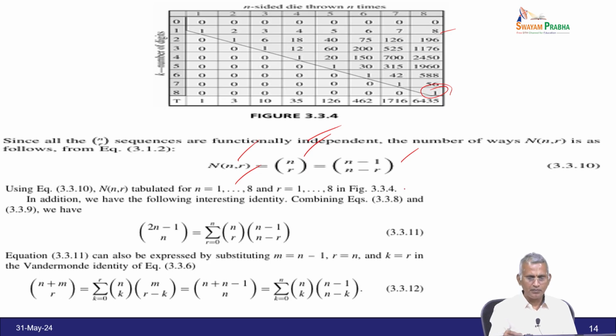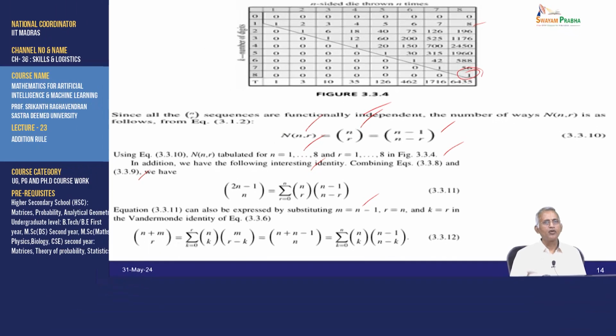Combining equation 3.38 and 3.39, we have 2n minus 1 C n equal to summation r equal to 0 to n of NCR into n minus 1 C n minus r. So, this equation can also be expressed by substituting m equal to n minus 1, r equal to n and k equal to r in the Vandermonde identity.